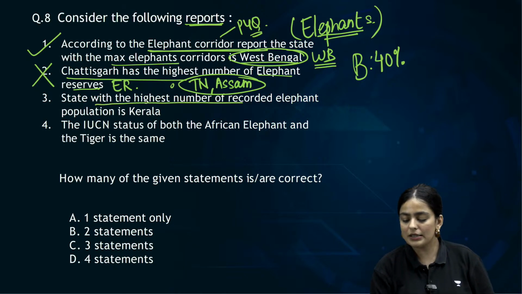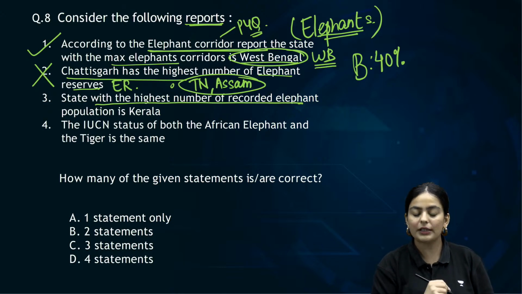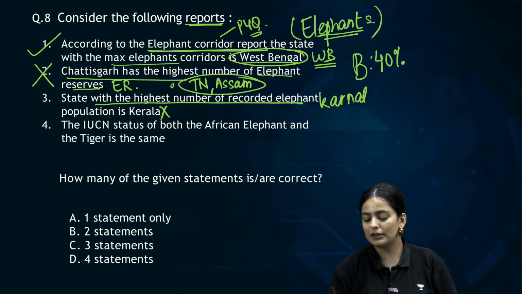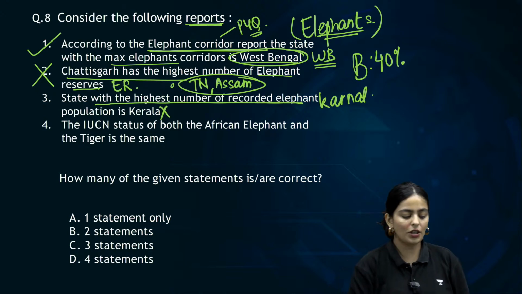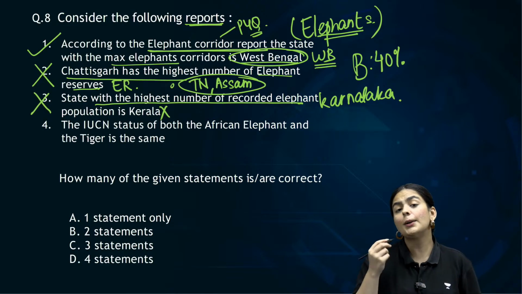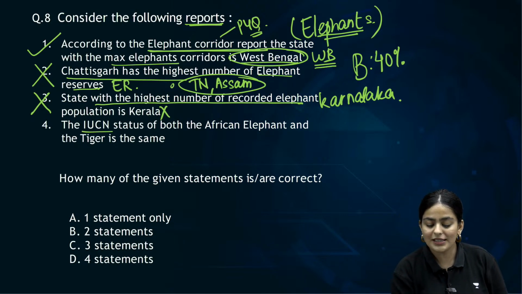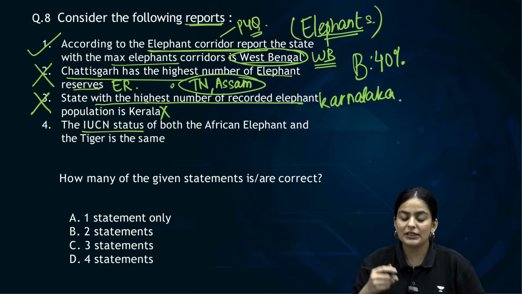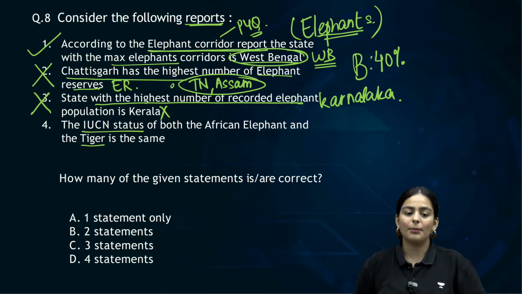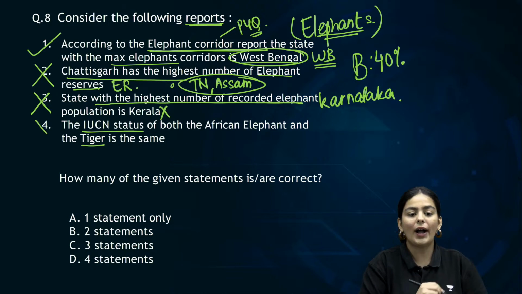Third statement: the state with the highest number of recorded elephant population is not Kerala. It is Karnataka. So third becomes incorrect again. The fourth is a very important statement. Now please note, the IUCN status of both the African elephant and the tiger is the same. That is incorrect. Why?